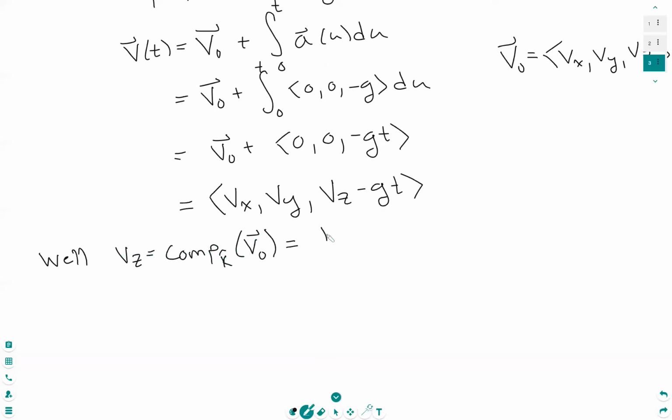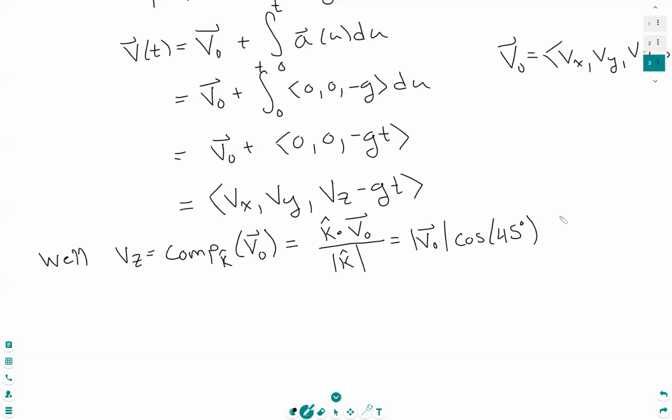This is k hat dotted with V naught over the magnitude of k hat, which should be 1. Or, because we can use this dot product definition, this is the magnitude of V naught cosine of 45 degrees.